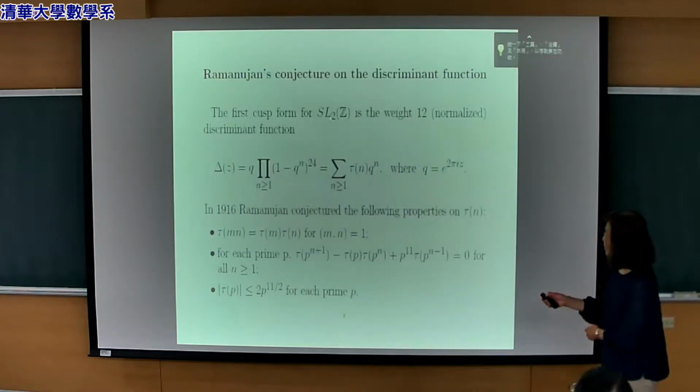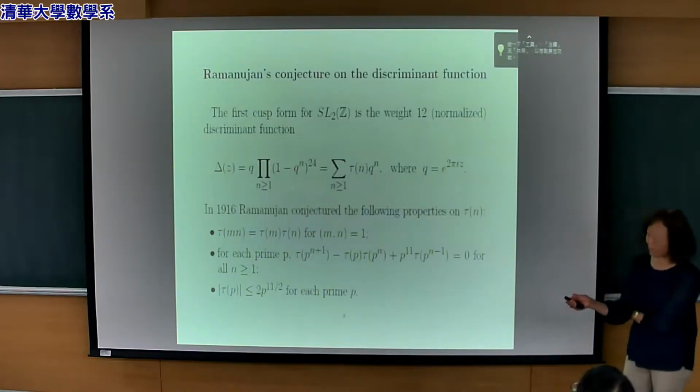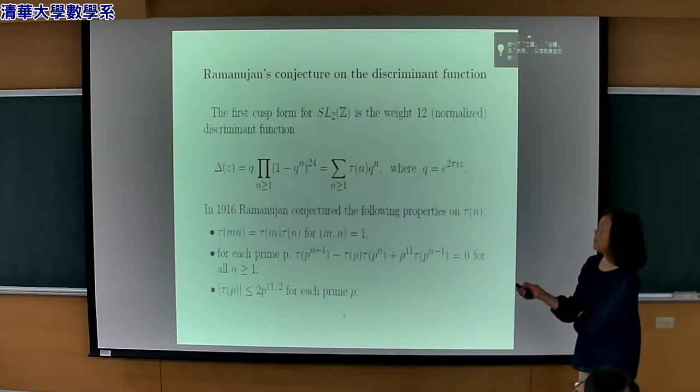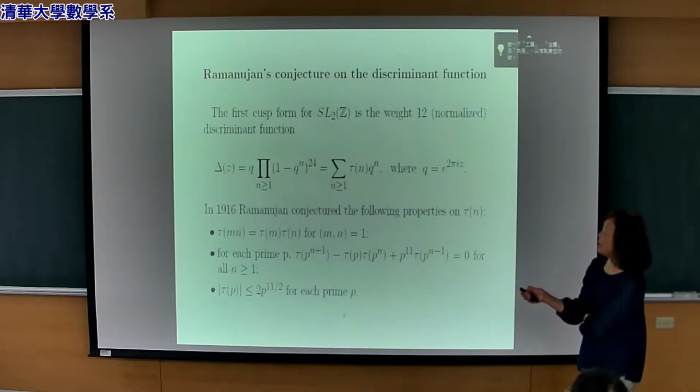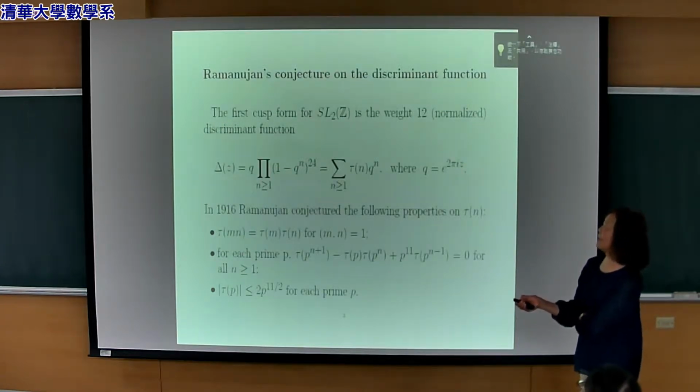That function is a famous function called the discriminant. In a sense, it is probably one of the most important cusp forms when one considers modular forms for congruence subgroups. It is called the discriminant function because it gives you the discriminant of an elliptic curve.